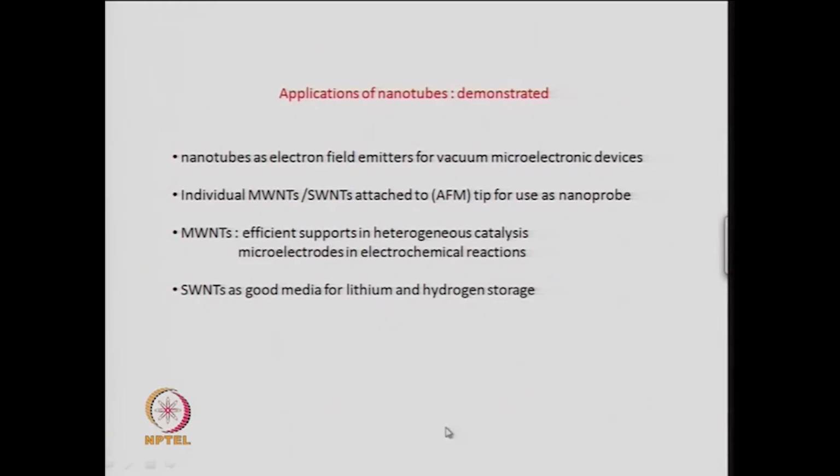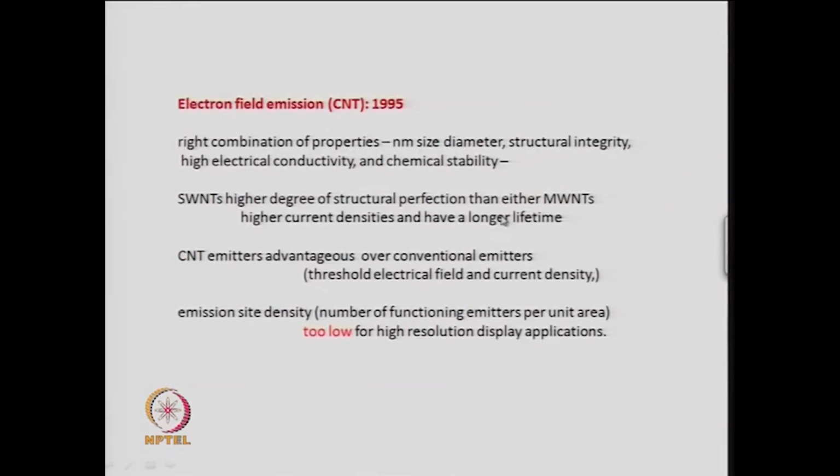So, these applications have already been shown and they are highly successful. Now, talking about field emission, which we just mentioned, electron field emission in carbon nanotube, that means, you apply electric field and electrons are emitted, was shown way back in 1995. And why is carbon nanotube an excellent field emitter? Because of its combination of properties.